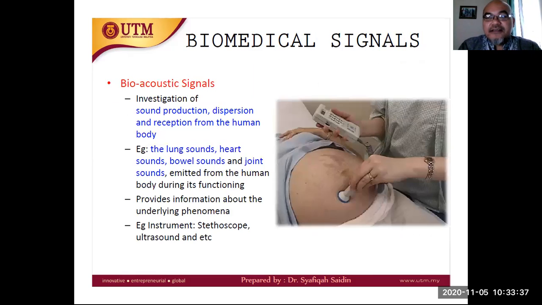Then bioacoustic signal, we have also discussed some of the instruments that aim to capture or manipulate the bioacoustic signal. Like ultrasound, the stethoscope is also included within this classification of bioacoustic signal instrumentation.